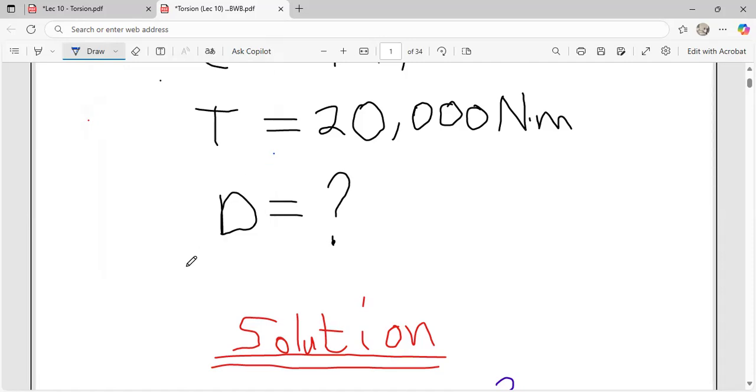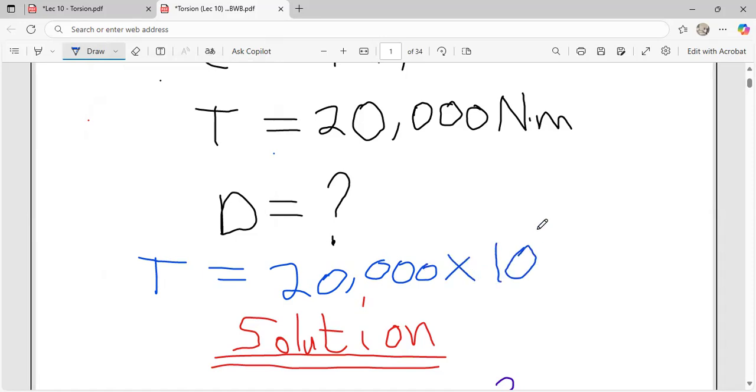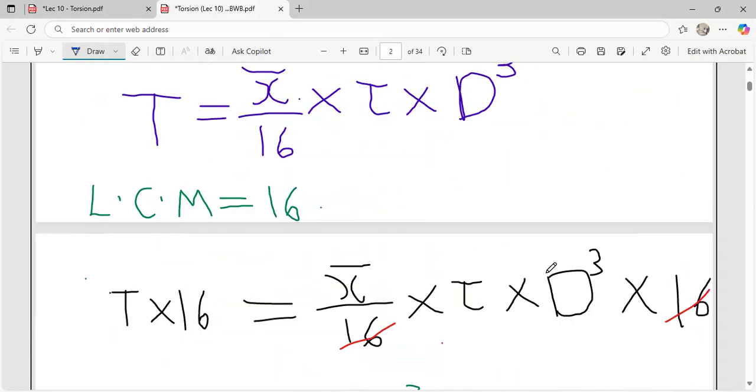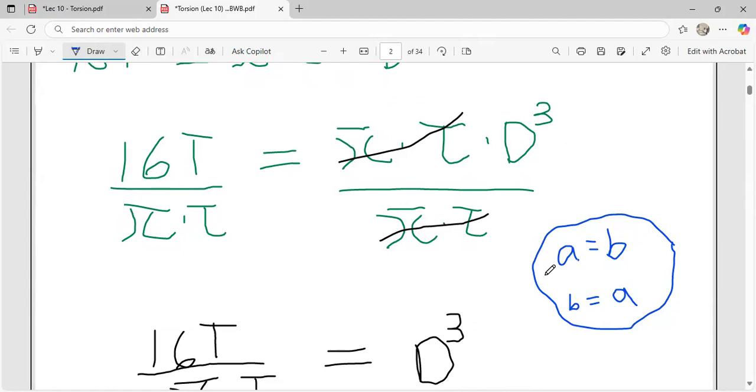So finally, we can say that the T we are using over here is going to be 20,000 times 1,000 Newton millimeter. Okay, yes. So from there, that is what we have to input into the equation to be able to solve it.